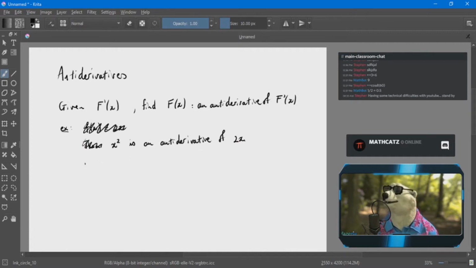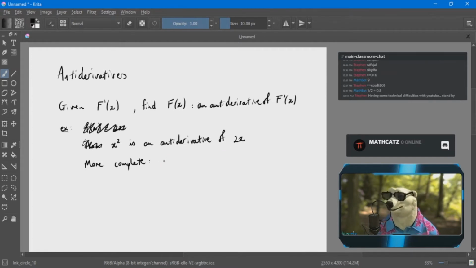Now, to be more complete, we realize that I can add or subtract something, and still, when I take the derivative, I'll get 2x as my target.